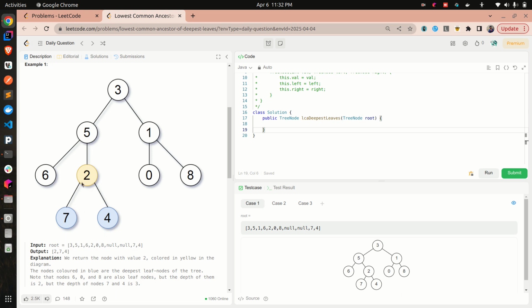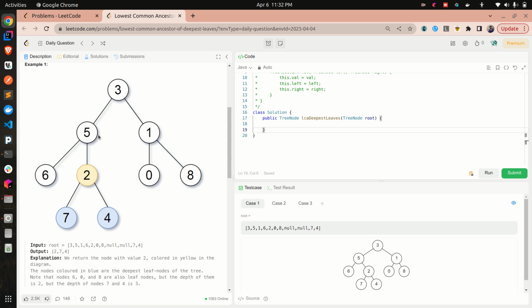In this case, let's say the left subtree has a depth which is higher than the right subtree. In the left subtree I have identified a lowest common ancestor which has leaves at a higher depth. Here I found a lowest common ancestor which is 2, which has leaves at a depth of 3, whereas here I found a lowest common ancestor which is 1, which has leaves at a depth of 2.